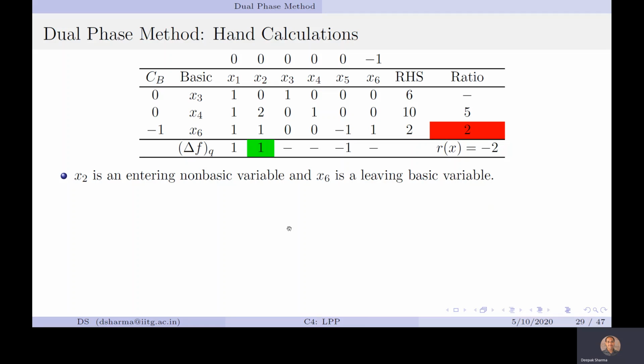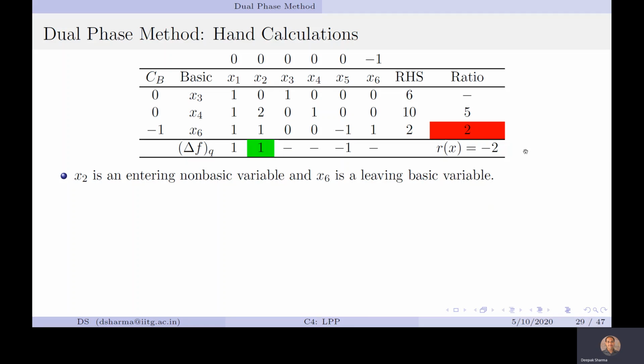The first step is to find the delta FQ value for all non-basic variables. The non-basic variables are x1, x2, and x5. We can see that the most positive values correspond to x1 and x2. In this case, we can choose any one of them. So we have chosen x2 at random. Now look at the R value, how we get it. CB coefficients and the right-hand side coefficients: 0 multiplied by 6 plus 0 multiplied by 10 plus -1 multiplied by 2.